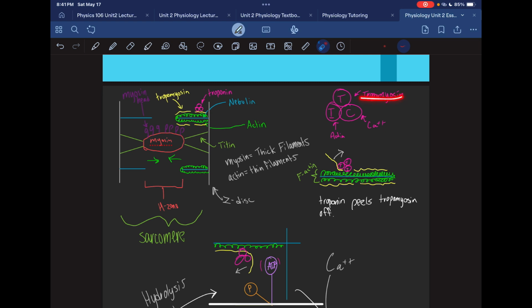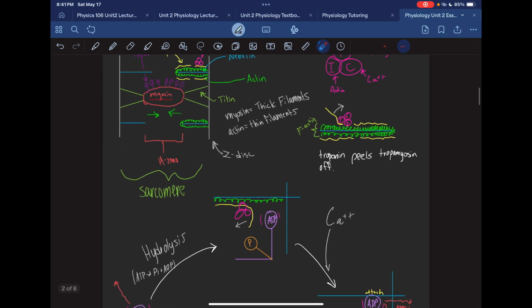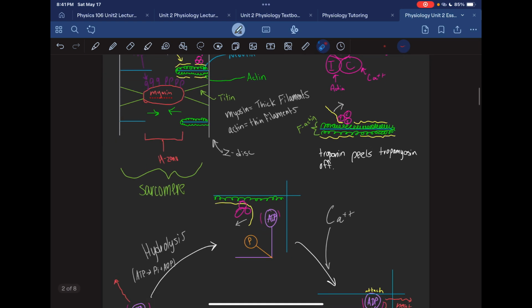So we need something that will attach to the tropomyosin. We need something that will then attach to the actin to stabilize. And then we'll use the calcium as our energy source. And that really is the last part that gives us the green light on pulling that tropomyosin away.